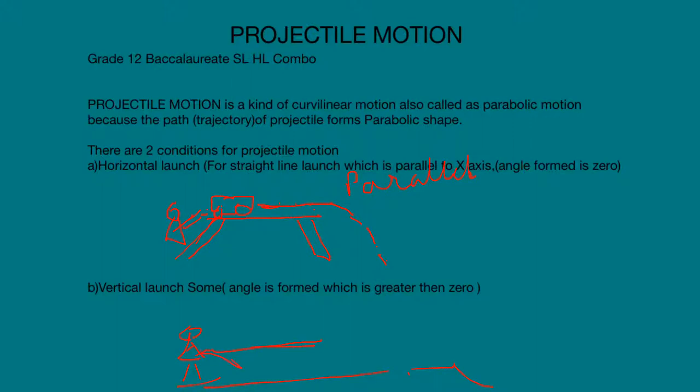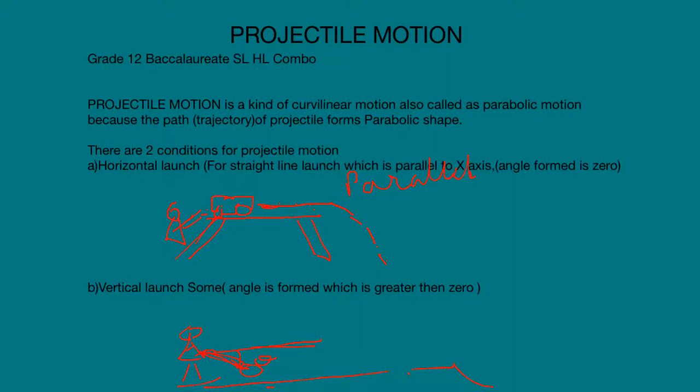Instead he is throwing the ball downwards. Then this is also a vertical launch because the angle is formed downward. So in two conditions vertical launch can happen: something is thrown upward, or something is thrown downward.